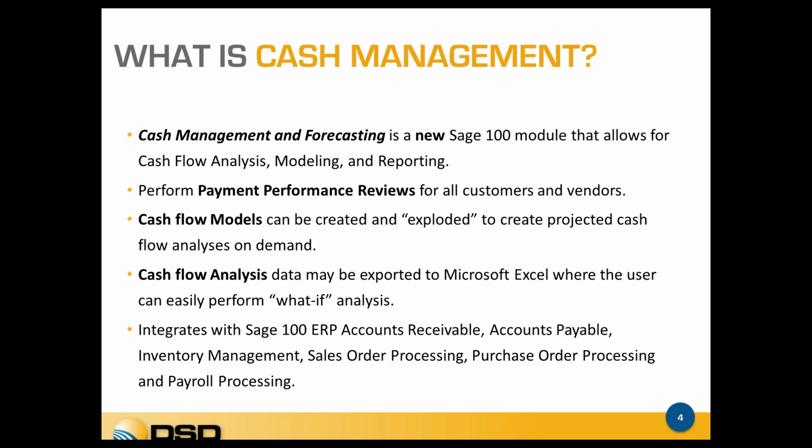What we've done here with cash management is we've given you some tools to better review the performance of your customers and vendors. And that performance review will lend itself to your cash flow modeling. One of the major components of doing forecasting is knowing when money is coming in and going out. So knowing how well your customers are performing, and how you're performing with your vendors, will assist in doing that analysis.